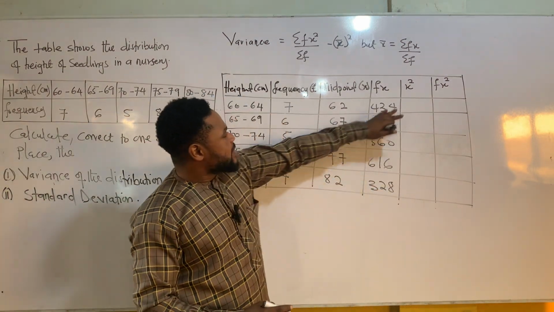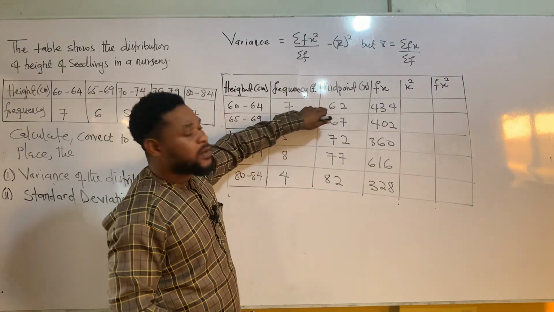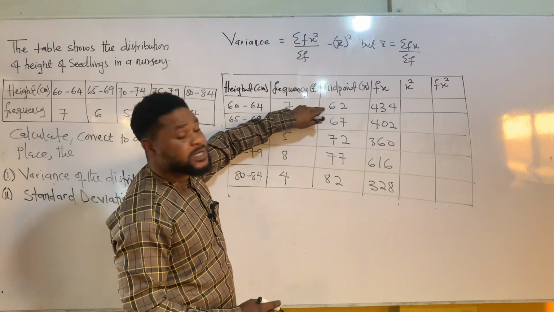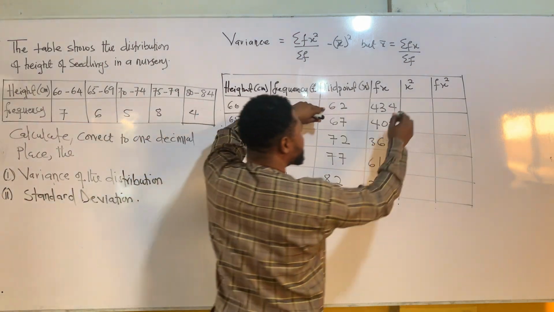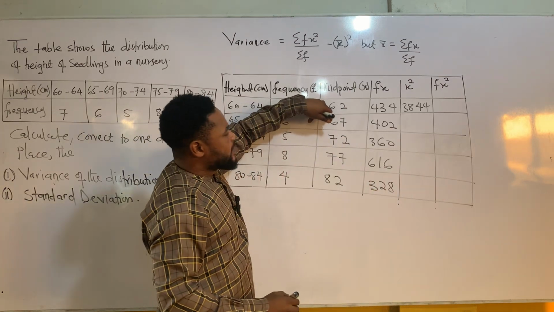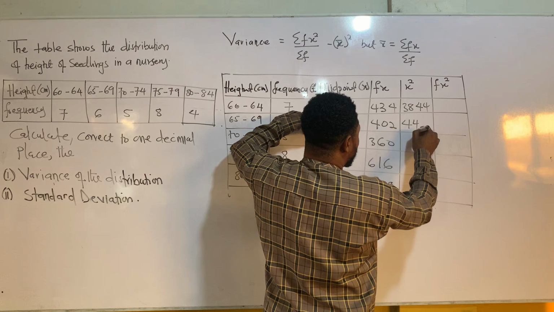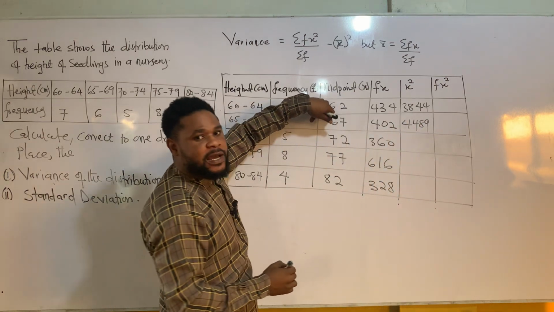All right, let us see how we can get our x squared. So we are just going to square our x. So 62 squared, give you 3844. 67 squared, you have 4489.